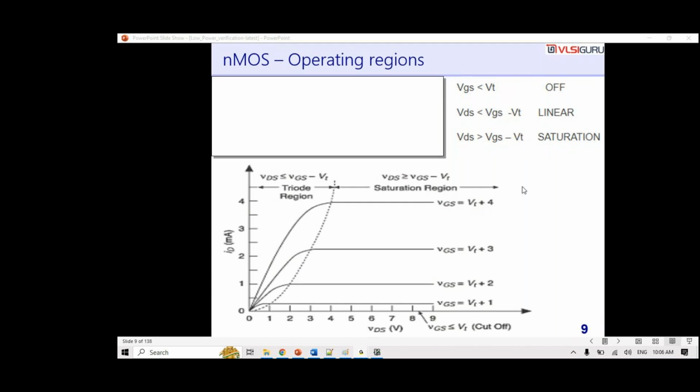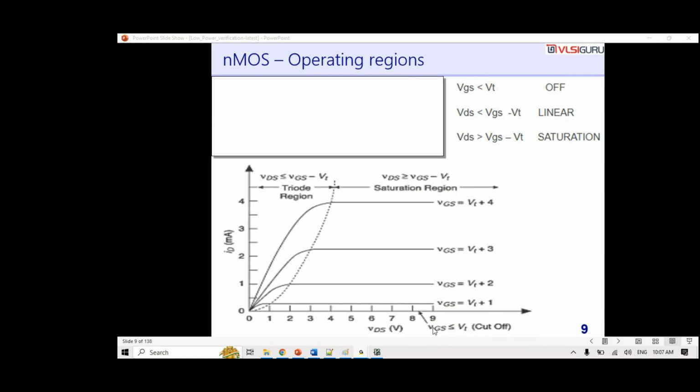Now, if you take a look at this diagram, as you can see, there are three regions here. One is the cutoff region, where there is no flow of current. One is the triode region, which we can also call the linear region. One is the saturation region. Cutoff is when VGS is less than or equal to VT.